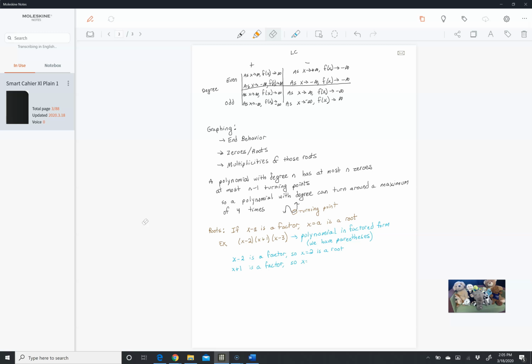So x equals negative 1 is a root here. And x minus 3 is a factor. So x equals 3 is a root.